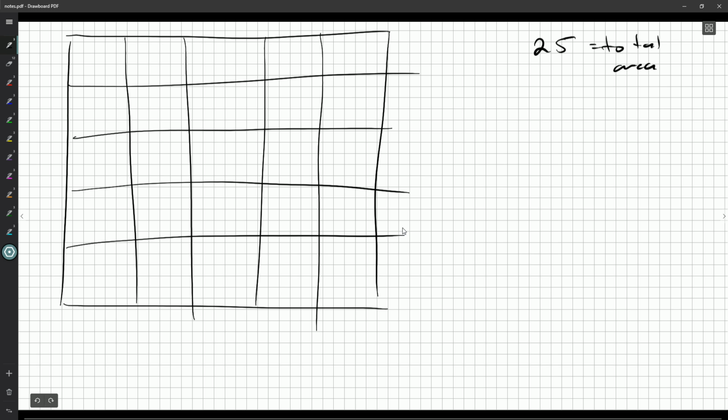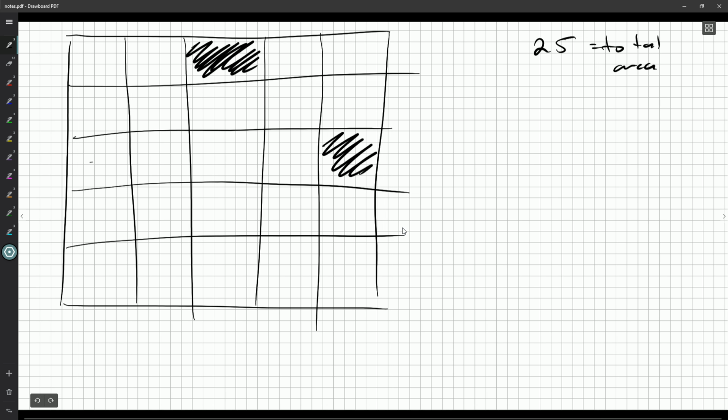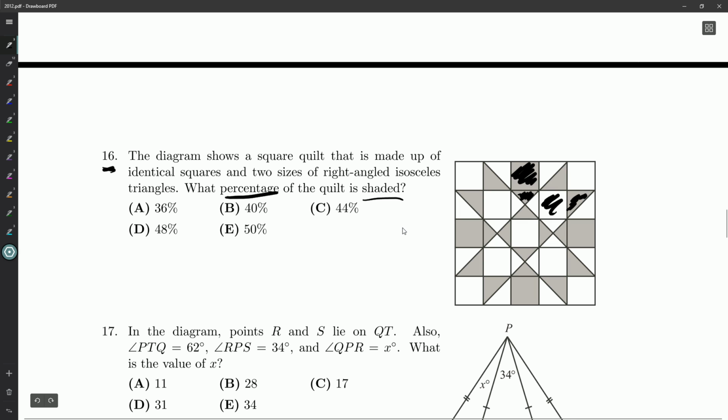Okay? And now let's just fill in this shape. I know I've got one full unit square shaded at the top. I think I've got them at the other cardinal locations as well. So 4 full squares shaded in. Okay. How many of these isosceles triangles?